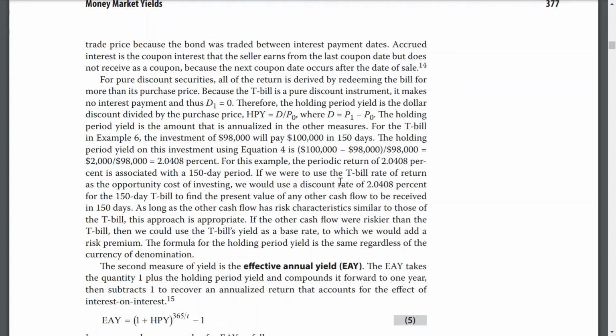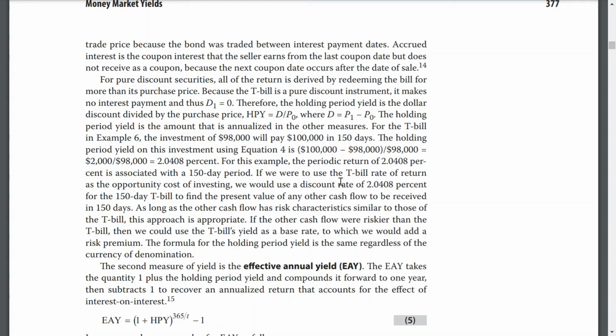If we were to use the T-bill rate of return as the opportunity cost of investing, we would use the discount rate of 2.0408% for the 150-day period, as for the T-bill, to find the present value of any other cash flow to be received in 150 days.